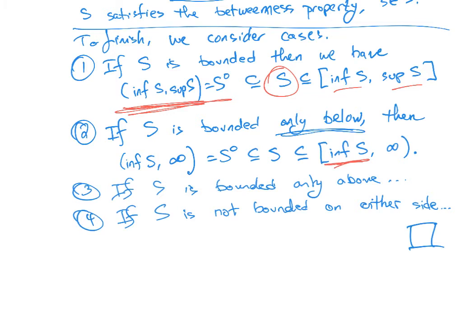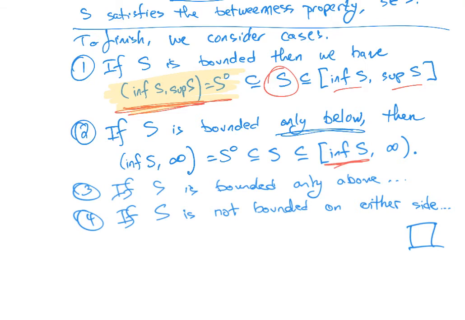Questions? So how exactly are we showing that S° is an interval? Is that sort of just like an obvious claim? So let me go back up. You're asking basically how am I getting that part? Okay, so at that point we know S has an infimum and a supremum.